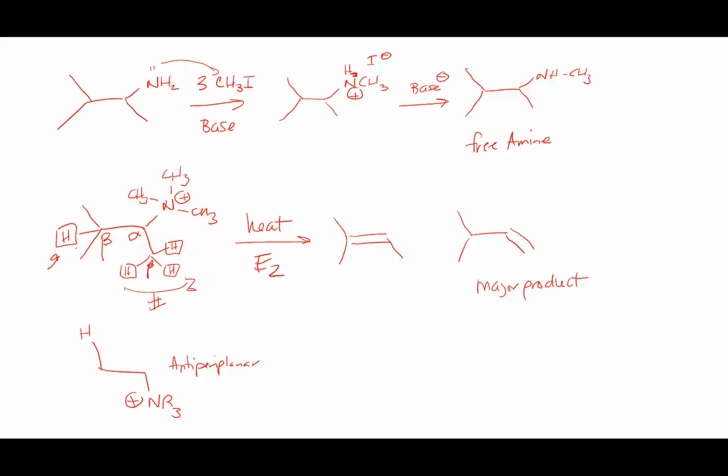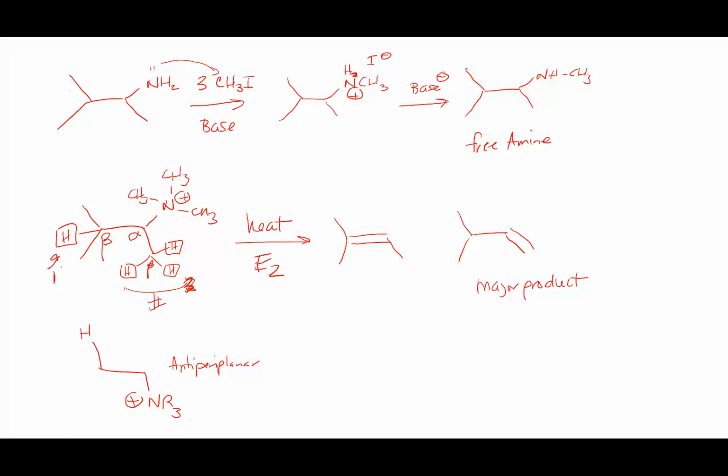So when you're doing this process thermally, it depends on the number of hydrogens that can become anti-periplanar. And what we've got here is 3 versus just 1 there.